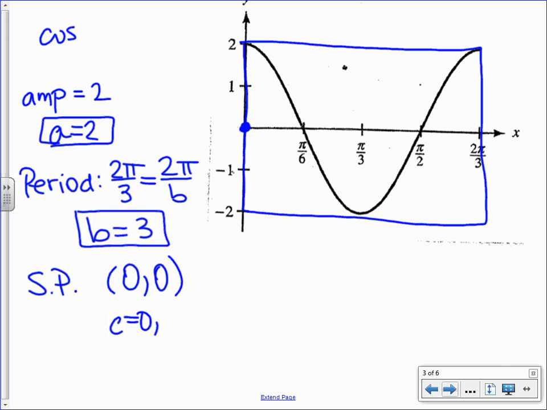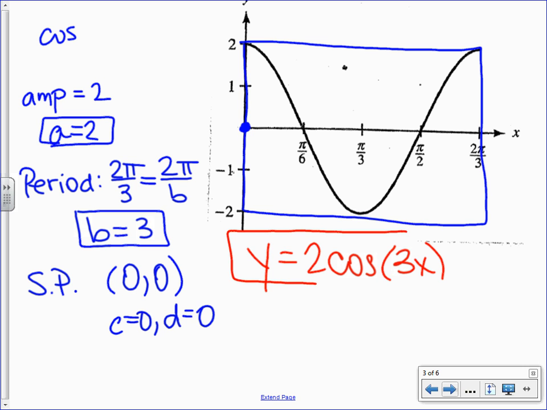C and D are both 0. Okay, now we have A, B, C, and D. We can write the equation of our curve. Y equals A is 2 cosine of B is 3x. Okay, any questions?